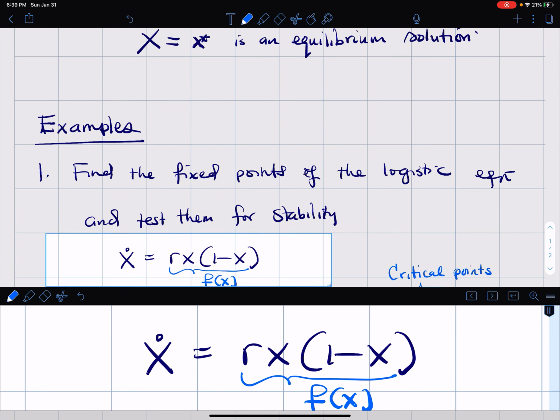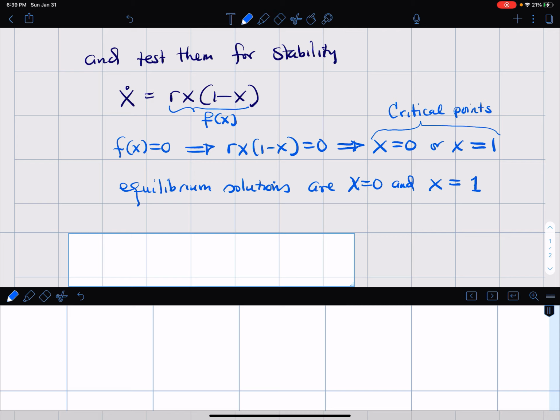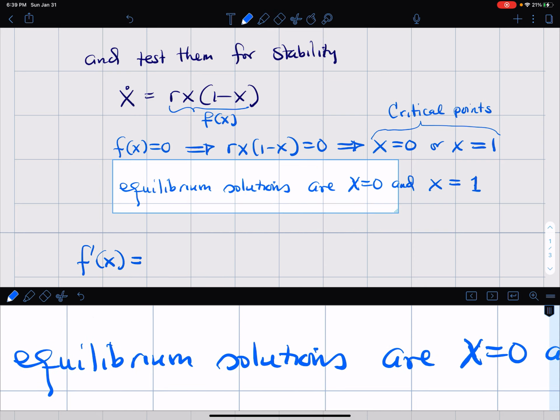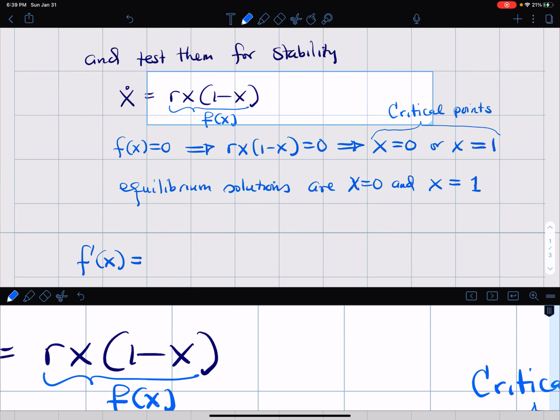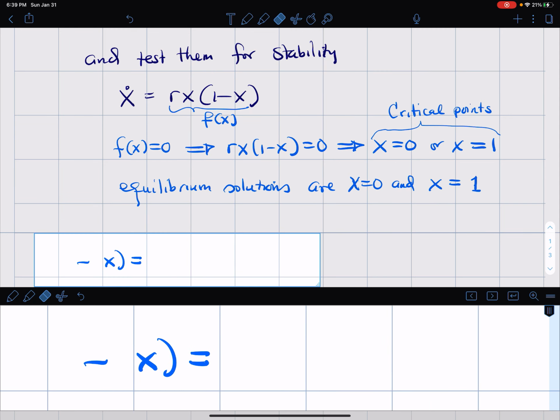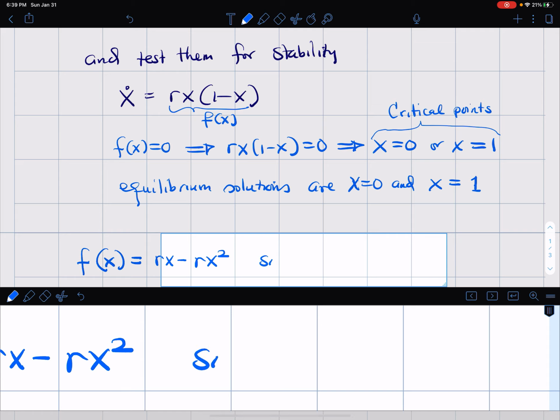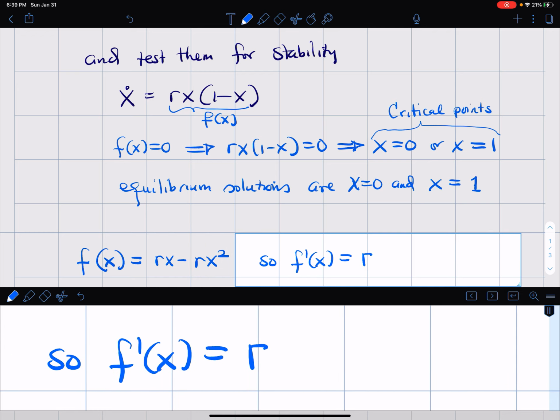So the first thing we have to do is find f prime. f prime of x is the derivative of rx(1 - x). First, let's write f(x): f(x) = rx - rx squared, so that f prime of x = r - 2rx.